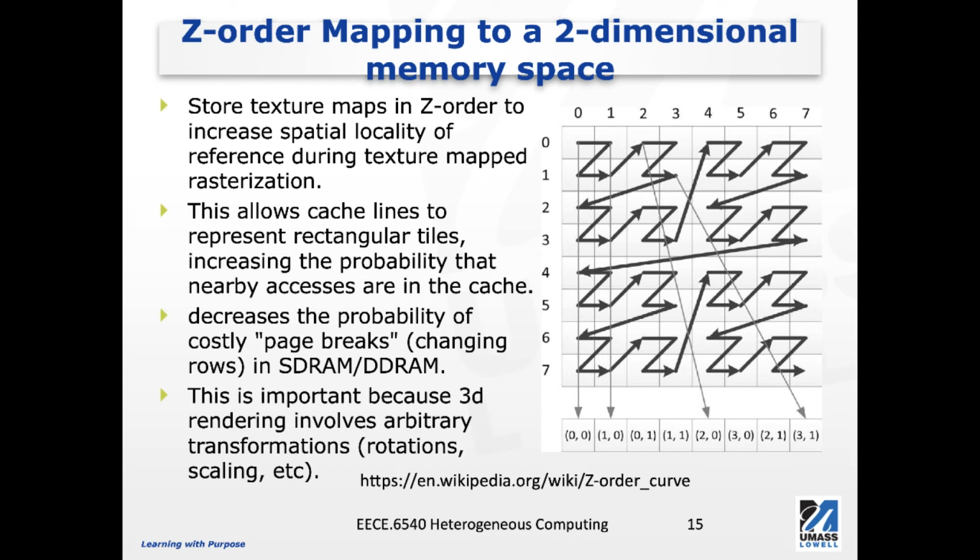And it's very important for image operations because, for example, 3D rendering involves arbitrary transformation, rotation, scaling, and z-order access can drastically improve the way we utilize the cache, which is much faster than loading the raw data from memory again.